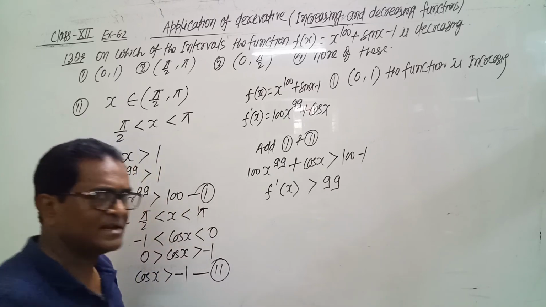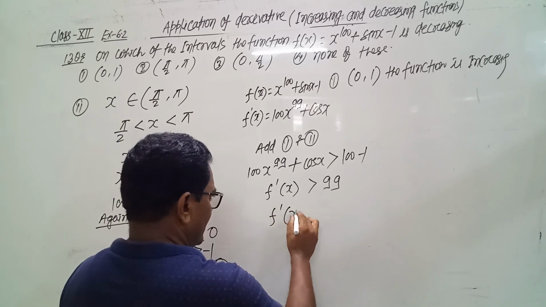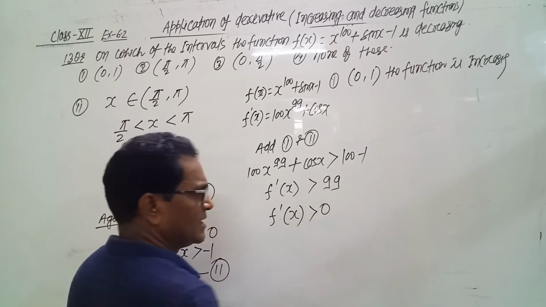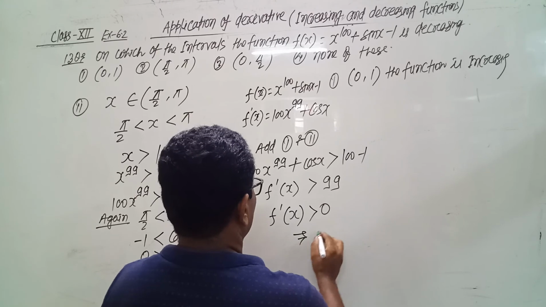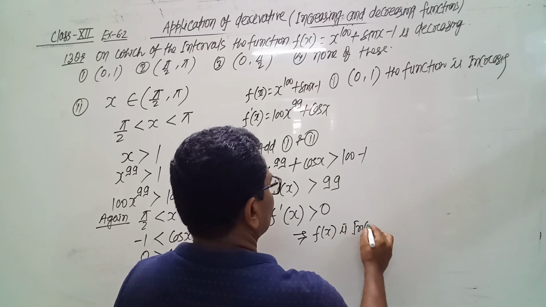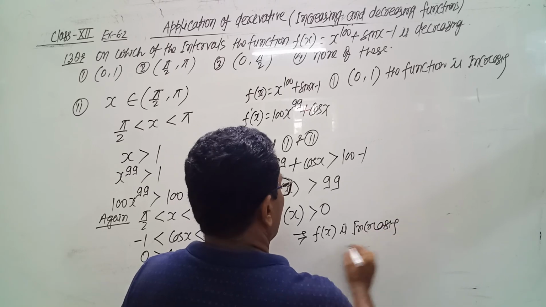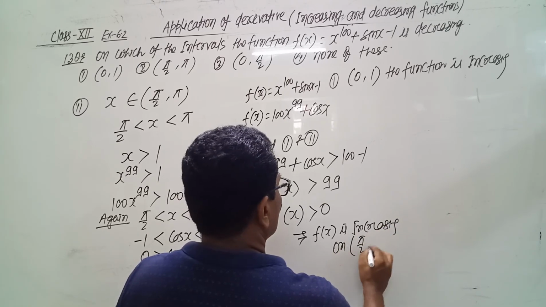If f dash x is greater than 99, then we can also say that f dash x is greater than 0. This implies that f(x) is increasing on interval pi by 2 to pi.